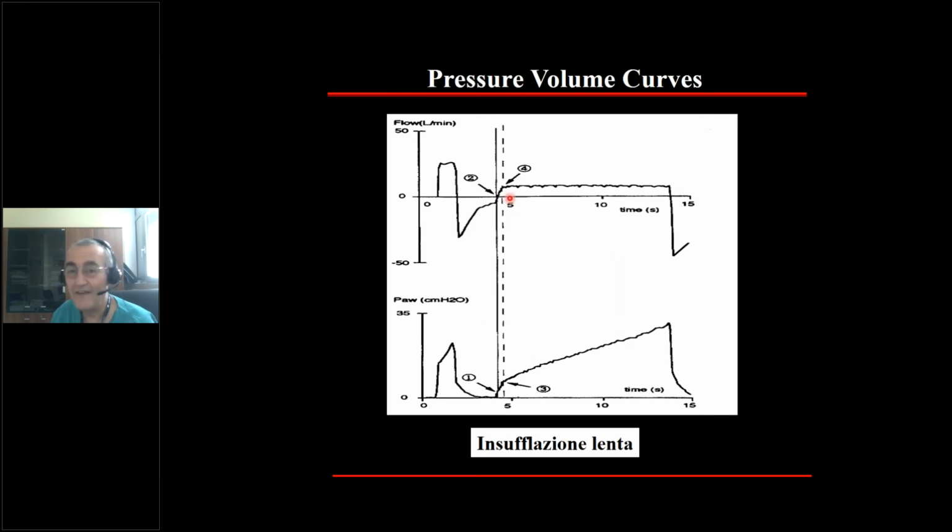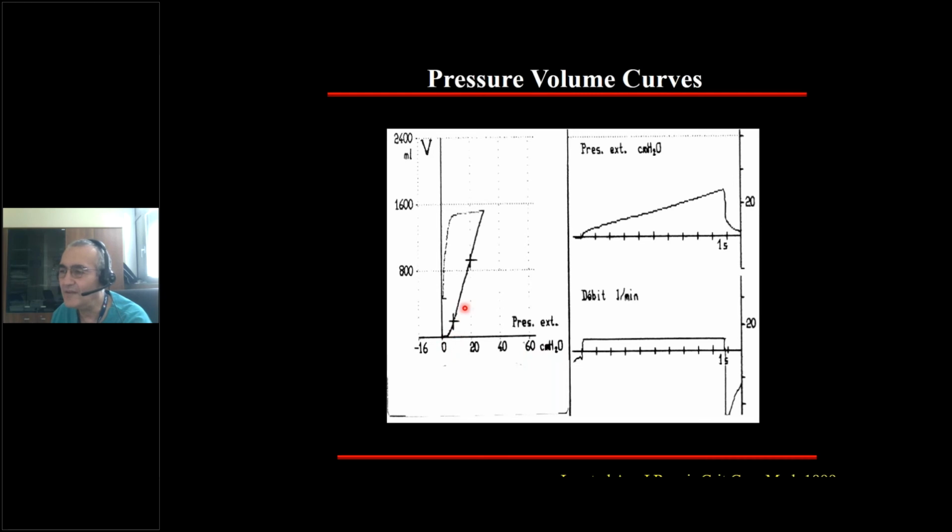If you apply a very low flow, and by very low flow I mean below 9 liters per minute, you decrease the resistive drop, and the changes in pressure over time reflect accurately, precisely, the alveolar pressure. So it is very simple for a machine to do this kind of maneuver, very easy to do, quick, and at the end you get the pressure volume loop.